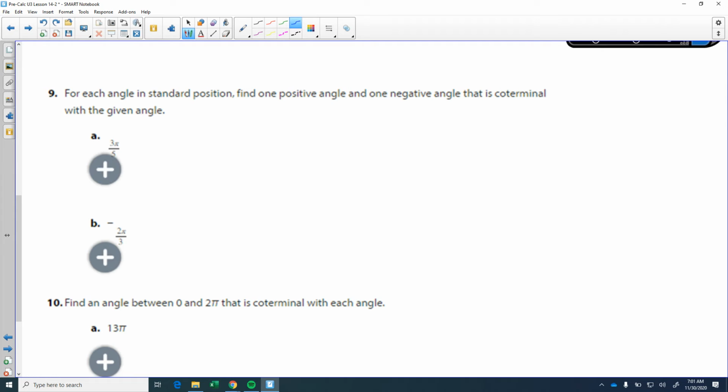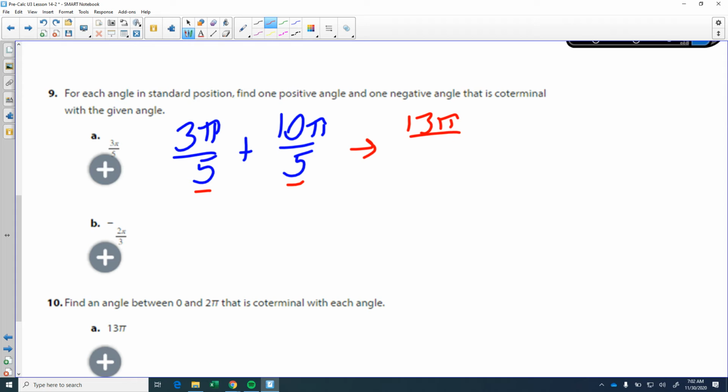So if I want to find two coterminal angles for 3 pi over 5, I need to convert 2 pi to have a denominator of 5. So I would need to change 2 pi into 10 pi over 5. At this point, the bottoms match, and one coterminal angle in the positive direction would be 13 pi over 5.